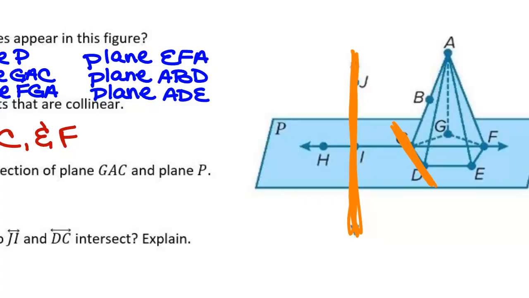This line right here, DC, is like if I drew a Sharpie line on my folder right here, okay? This line, JI, is like if I took my pencil and I stabbed it through my folder. So it's going through the folder, and this is a Sharpie line that's on the folder. Where do those 2 touch each other? They don't. Good answer. They do not intersect.